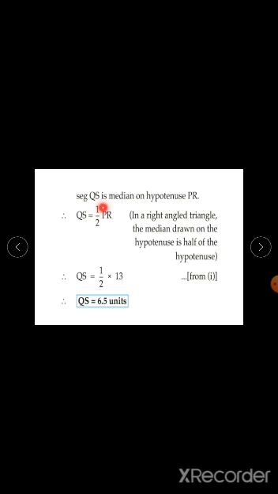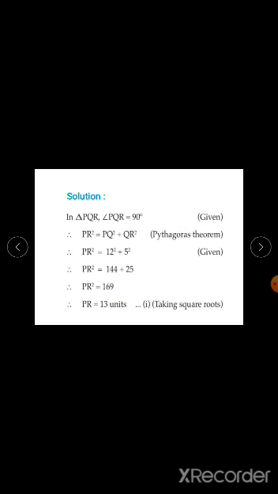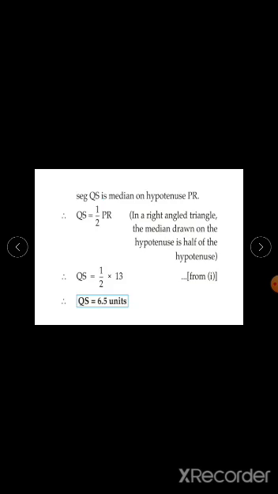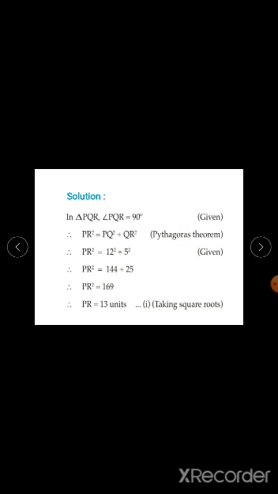Now, seg QS is the median on hypotenuse PR. Therefore, QS equals half of PR. Again, in a right angle triangle, the median drawn on the hypotenuse is half of the hypotenuse.